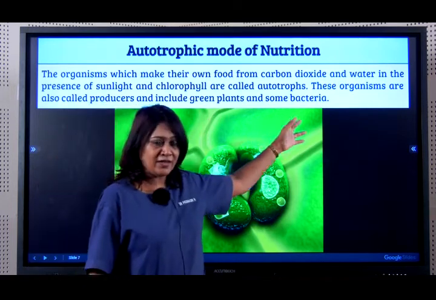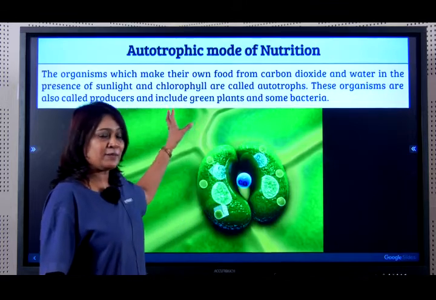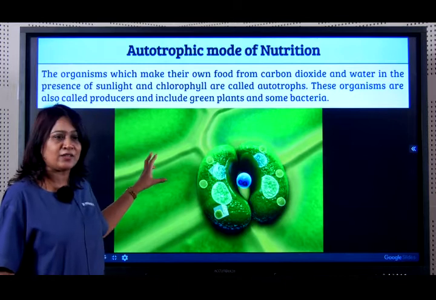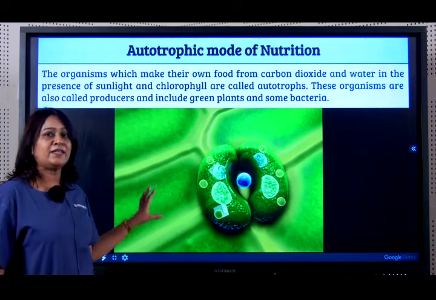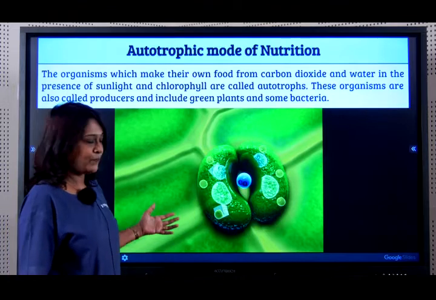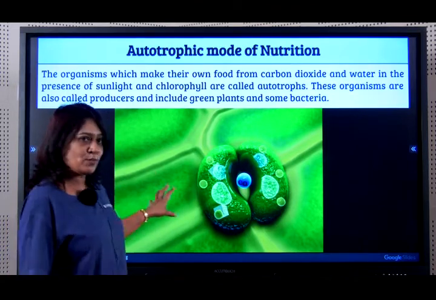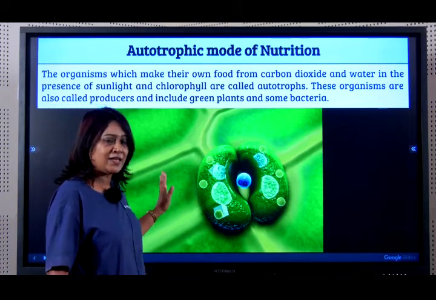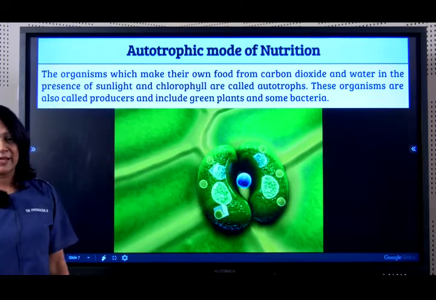Like carbon dioxide and water. You just give them carbon dioxide and water, and with the help of chlorophyll present inside, it can make its own glucose from which it gets the energy to grow. These are called autotrophs, and the most common examples are plants and certain kinds of bacteria as well.